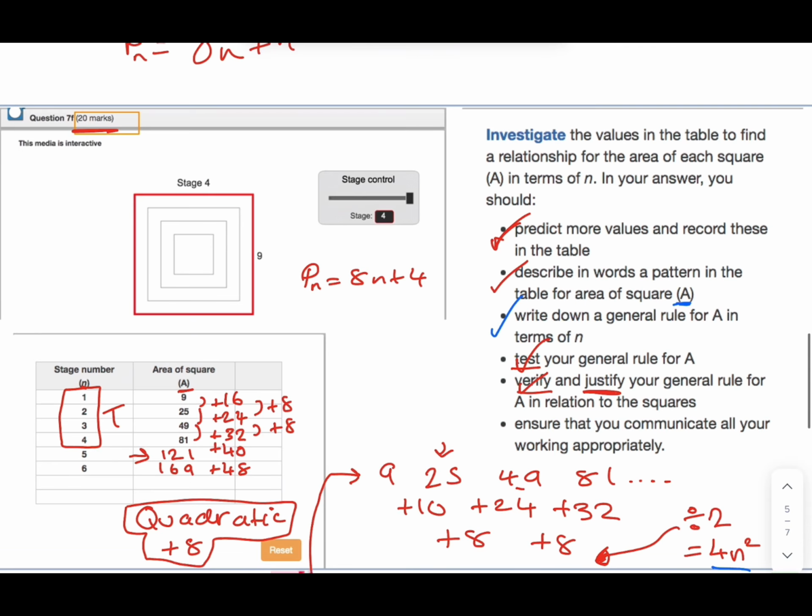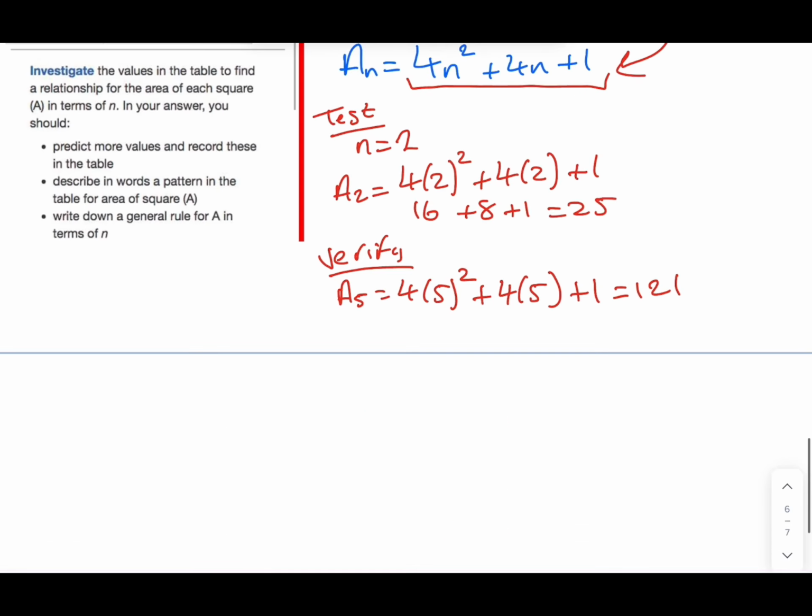Well, we know the perimeter has an equation of 8n plus 4. And we know perimeter is all the sides added together, but we know area is length times width. So if 8n plus 4 is the perimeter, and I divide this by 4, it gets me the expression for just one of the sides of that square.